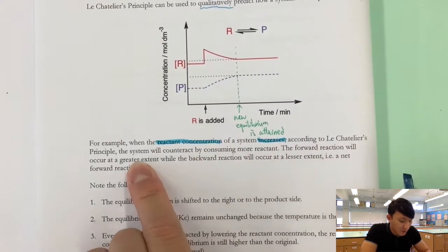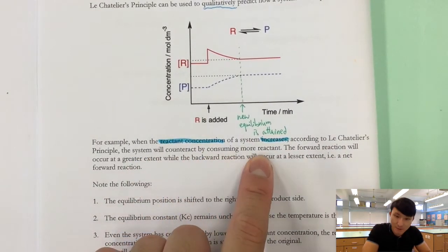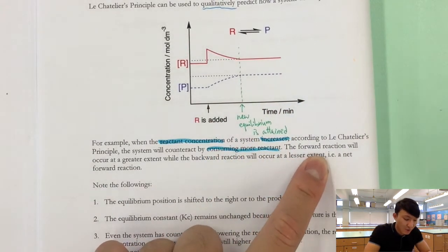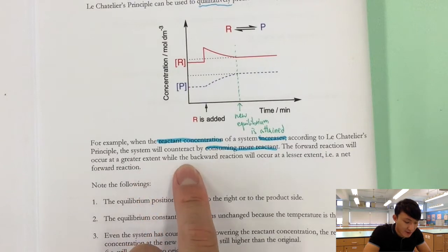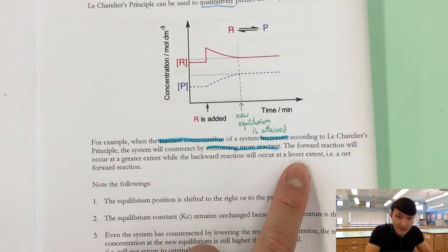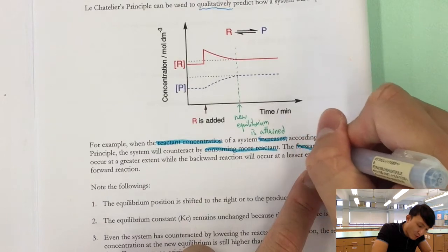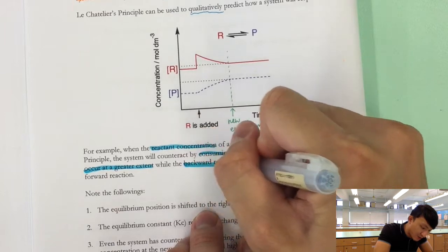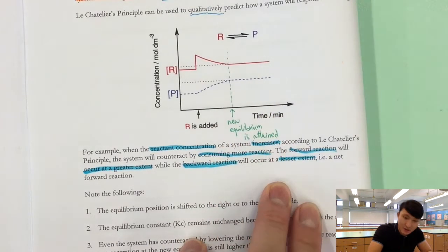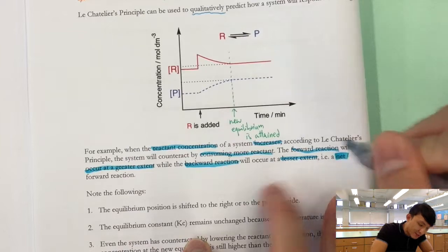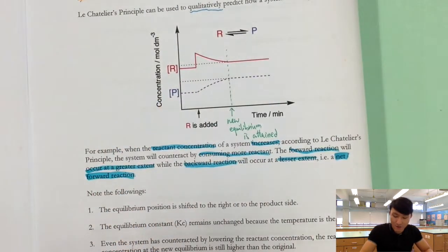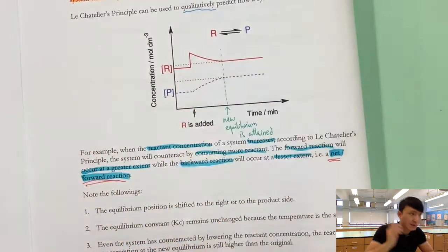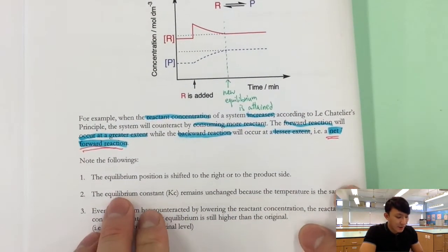According to Le Chatelier's Principle, the system will counteract by consuming more reactant, so that the forward reaction will occur to a greater extent, while the backward reaction will occur to a lesser extent, so that we will have a net forward reaction. Net forward reaction. This is important.